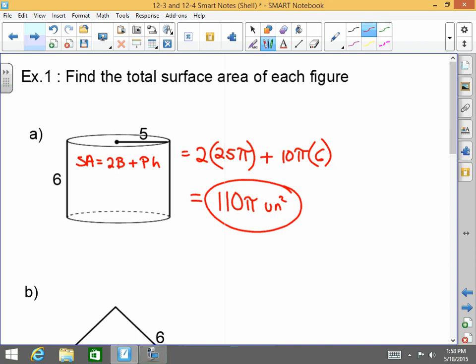They needed to know how much metal or cardboard or plastic they need to make this figure. So this isn't just stuff where it doesn't matter. It matters immensely. Pistons for your car are cylinders, and they need an exact surface area for that as well.